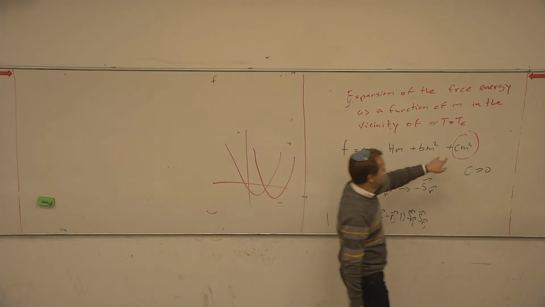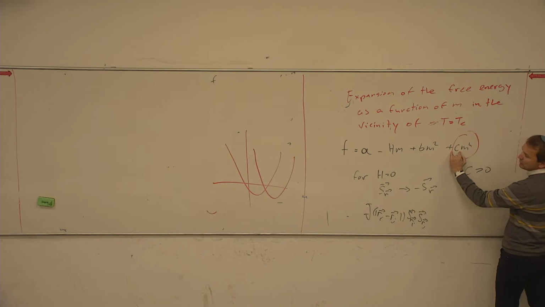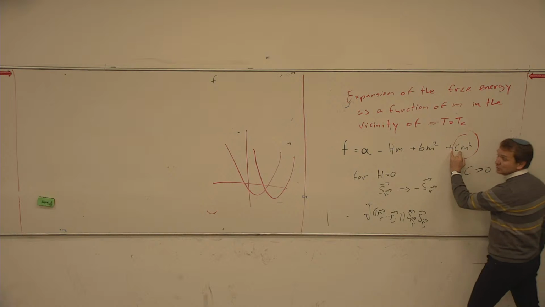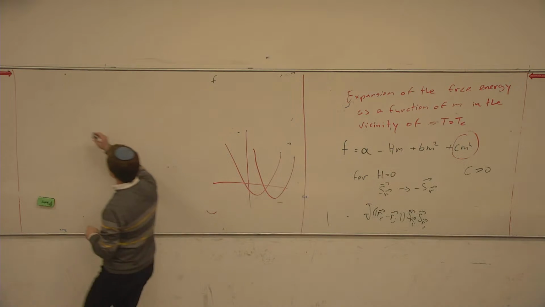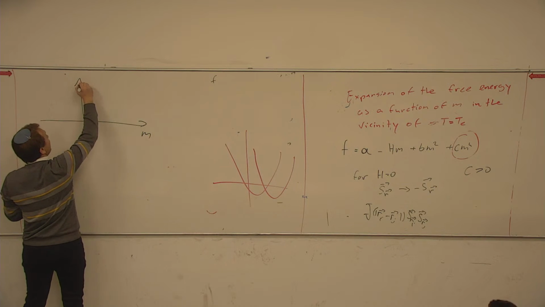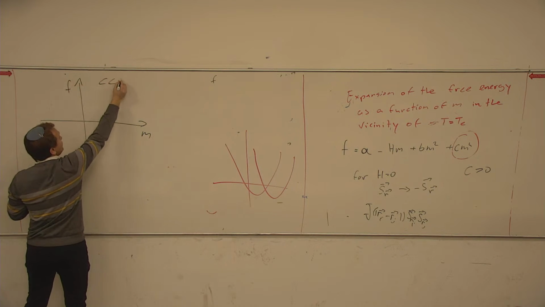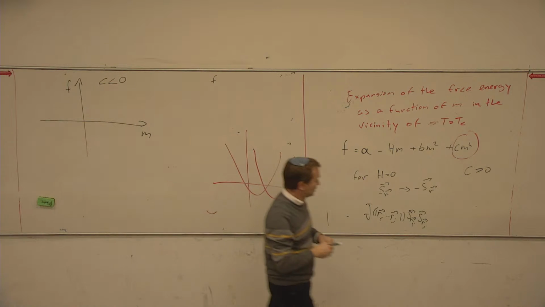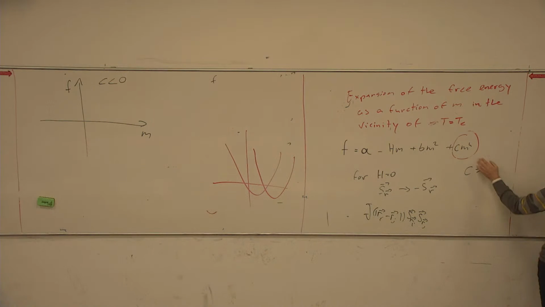Now, if we take here C, which will have negative parts, and we plot it as a function of M, this is M, this is F, and if C is less than 0, then for very large M, this term is going to be dominant, right? This is M to the fourth.